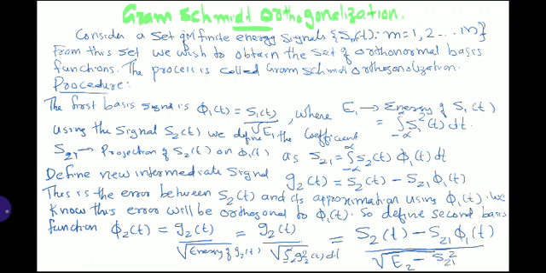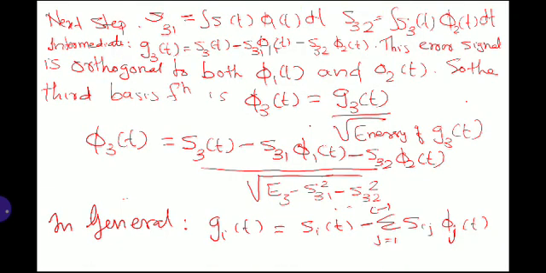The energy of the error is actually the energy of the signal minus the sum of coefficients squared, that we have derived before. So G2 of t by root of the energy of G2 of t, we can write as S2 of t minus S21 into phi1 of t by root of E2 minus S21 square. Now we have got the second basis function also.